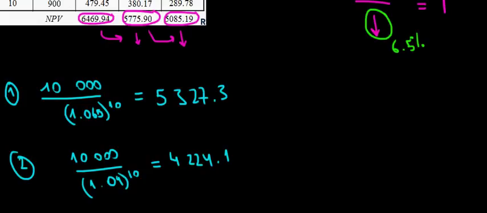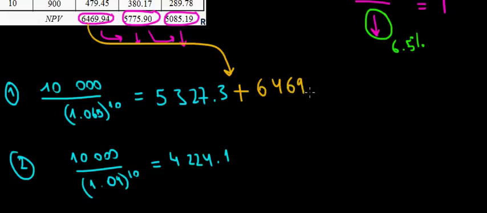Now look, these are the values of the principals. What do we have to add to each of them? We have to add the values of our coupons. These are the present values of our coupons. This is for the 6.5%. So we add the value of the coupons discounted at 6.5%, and the result is equal to 11,797.2.